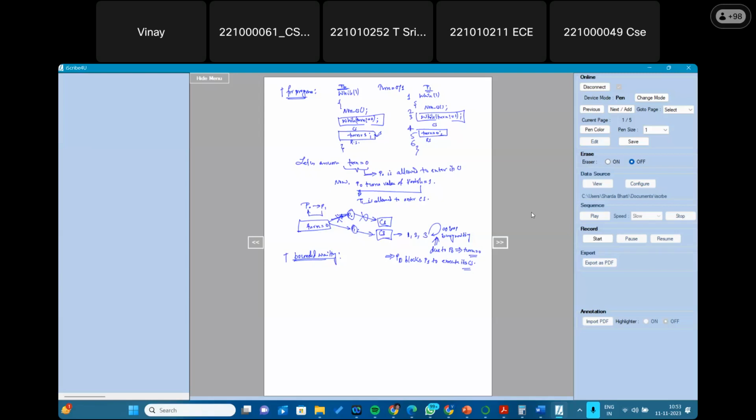So if I elaborate this, in case 1, consider turn equals 0 and P1 wants to enter its critical section. Then at most P1 has to wait for only one process, P0, to execute its critical section.